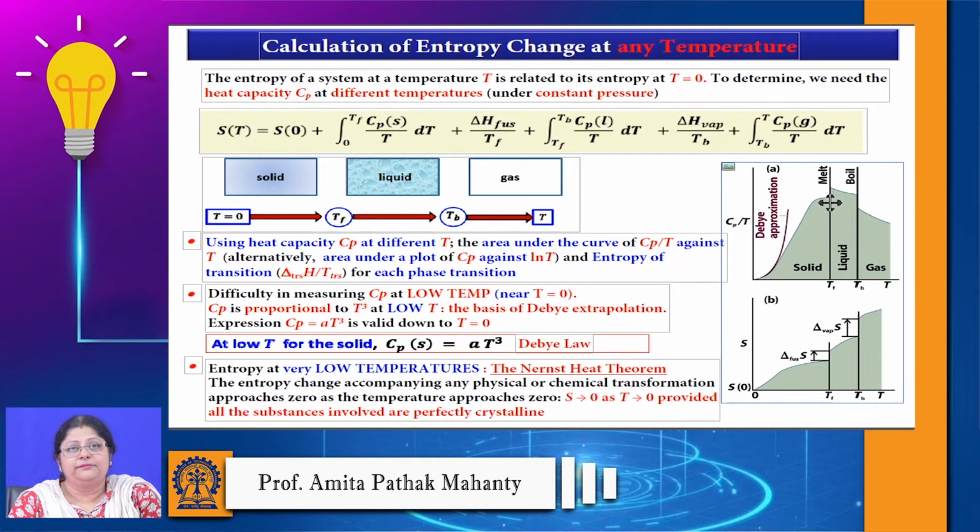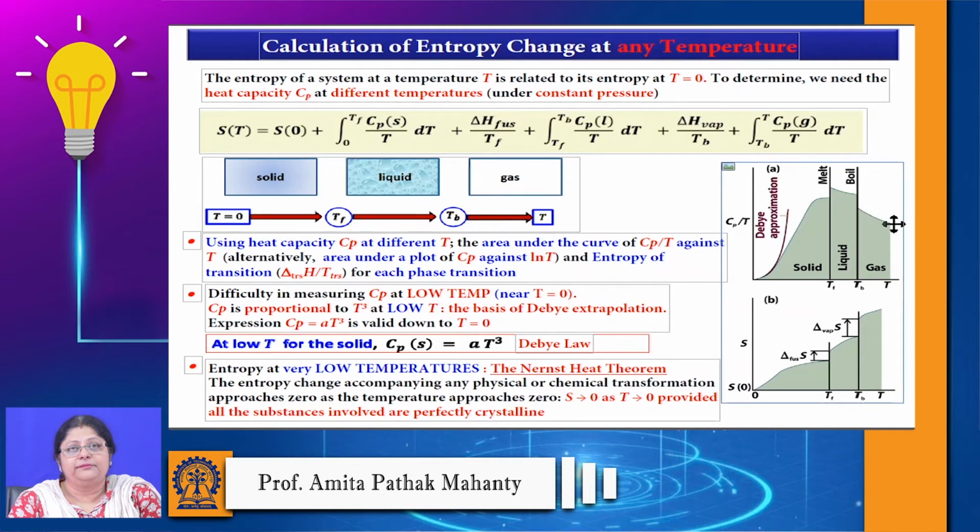So from fusion to boiling, you have this zone as the liquid, which means the Cp should be constant in this region. Then comes another phase change, which is delta H of vaporization at the boiling point. So we get the boiling point enthalpy change, and you can compute the delta S.